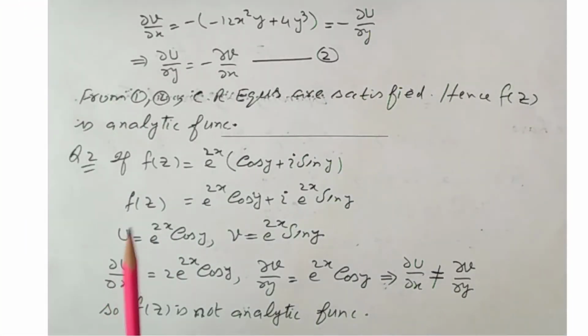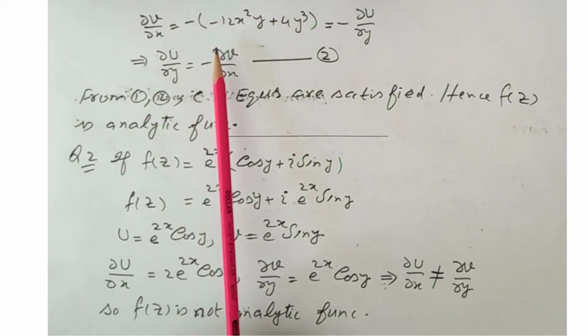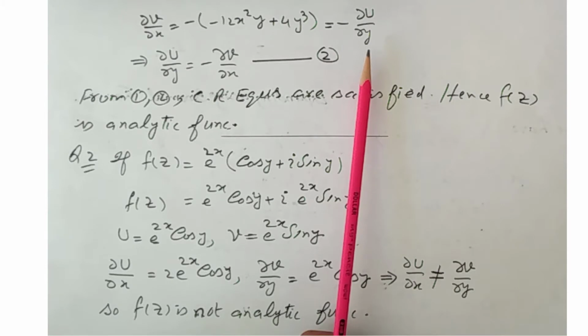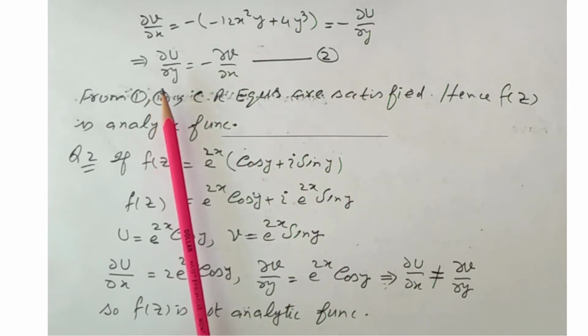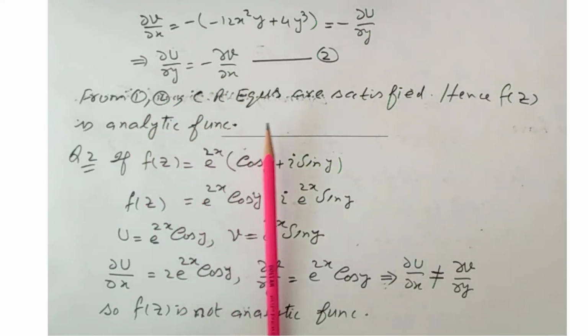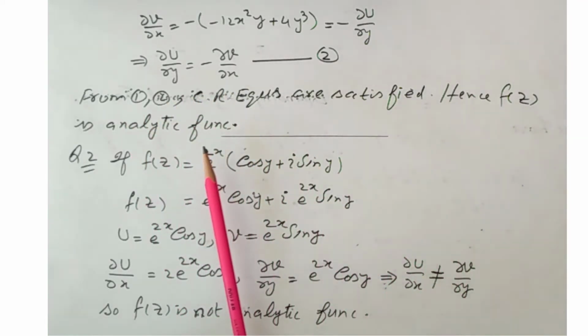Now taking minus common from this term, this is also the value of partial u over partial y. So we have partial u over partial y equal to minus partial v over partial x. Equations 1 and 2 are the Cauchy-Riemann equations, they are satisfied, so the function is an analytic function. When the function satisfies the Cauchy-Riemann equations, that function is called an analytic function.